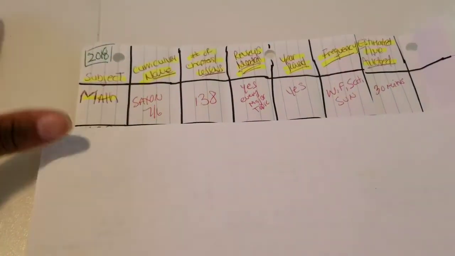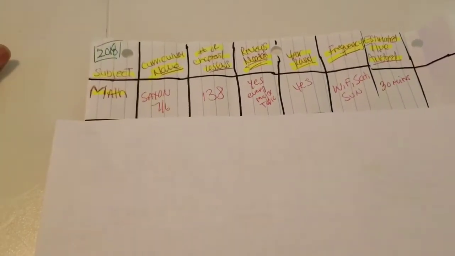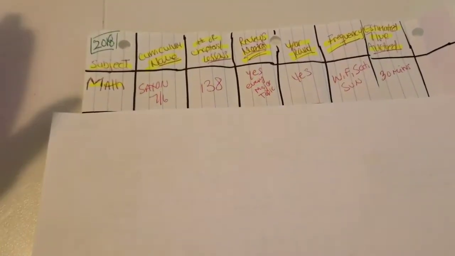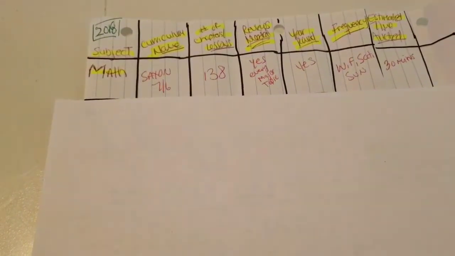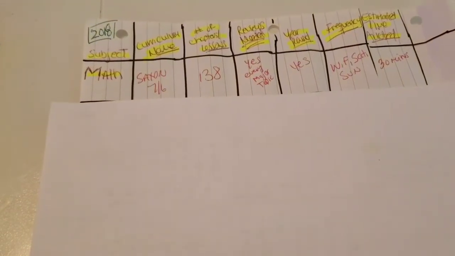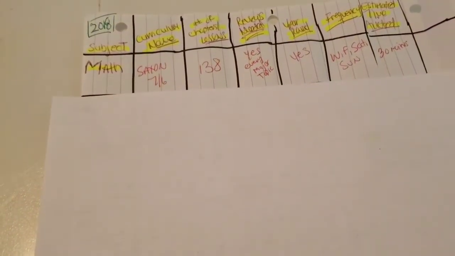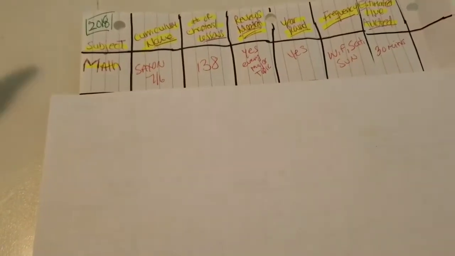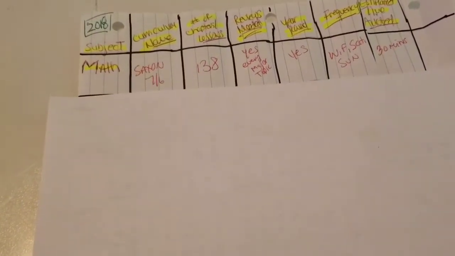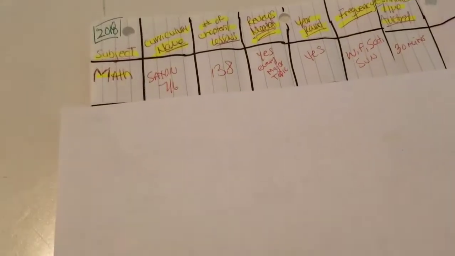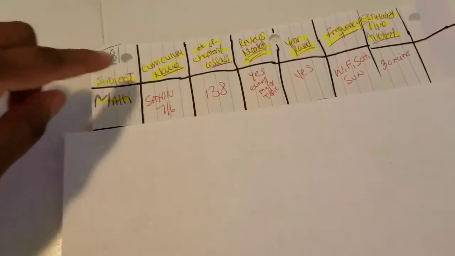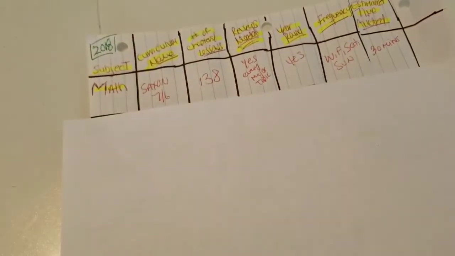I normally, in my lesson planning, only put the primary or main curriculum. All the other curriculums that we use are normally supplemental, and they're used for teaching, or for providing examples or different ways of thinking about, looking at, or solving a particular problem or thinking about a particular subject. So math, Saxon 7-6.